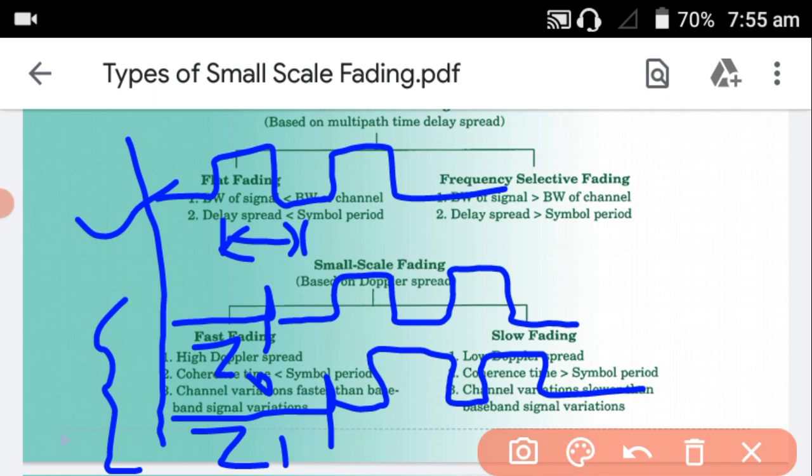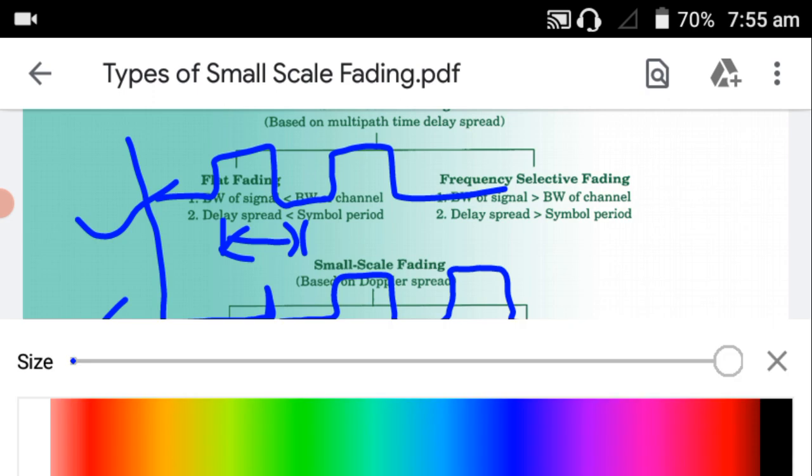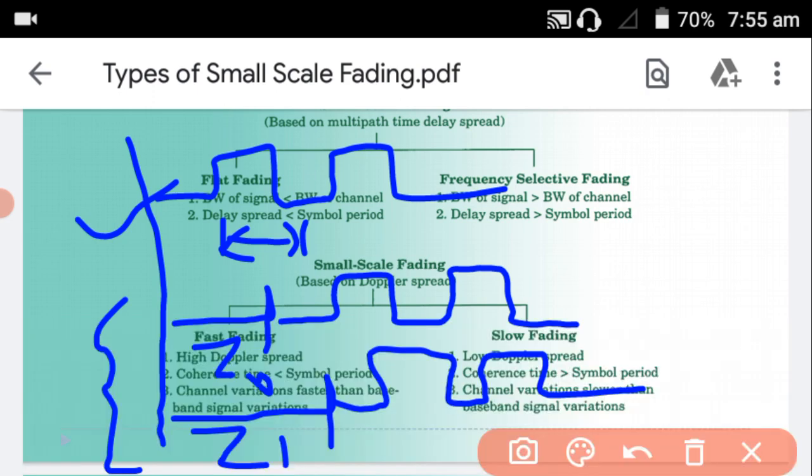So what happens in the first case, there will be a clash in the signal, right? At the receiver side, these two signals will get multiplied. In the next case, these two will sum together.